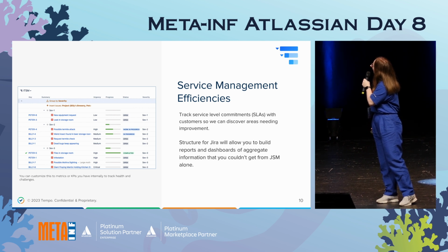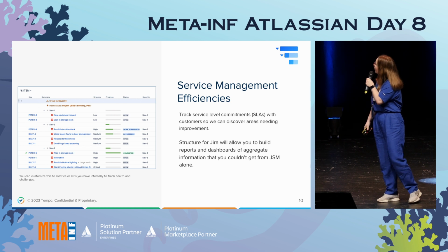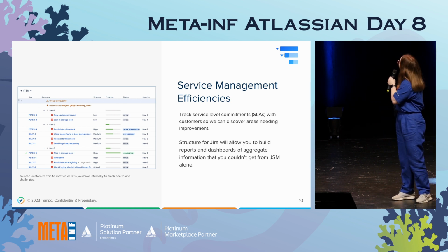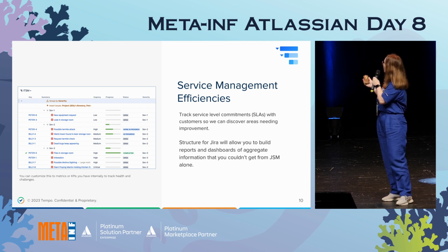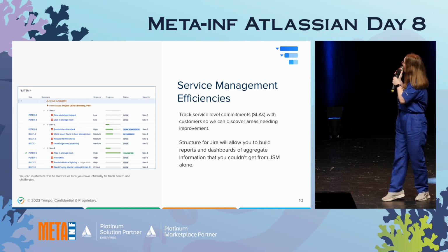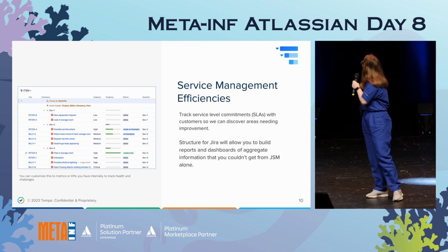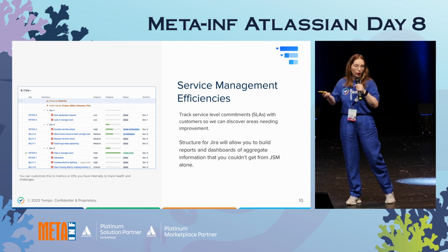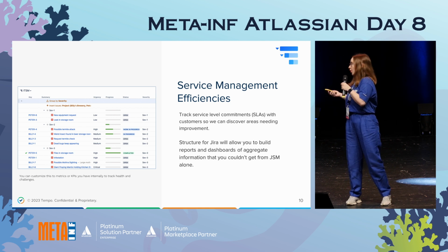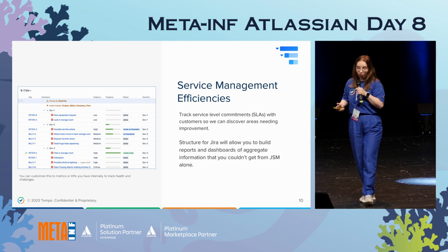Here we have grouped our projects by severity, and we have several columns responsible for progress, where we can see their status and, of course, the severity. Structure gives you insights into things going on within your project, and of course you couldn't get this information from JSM alone.